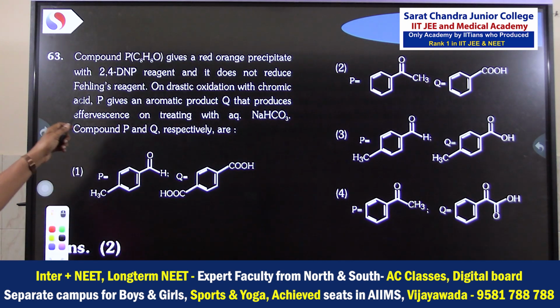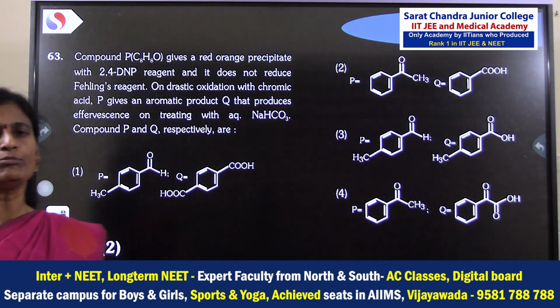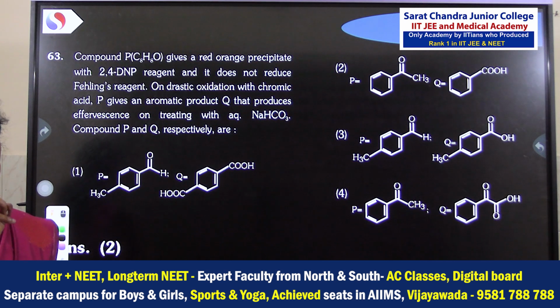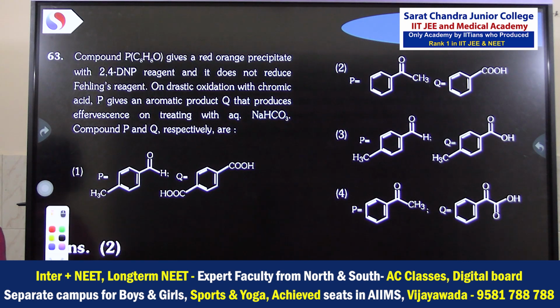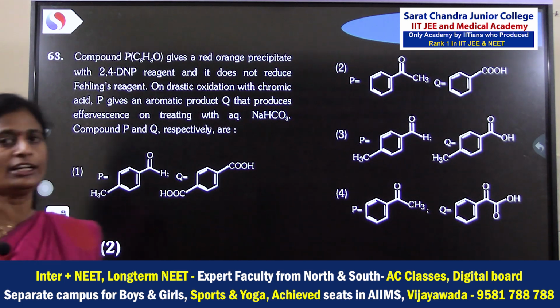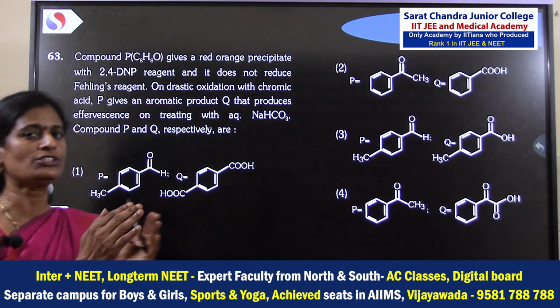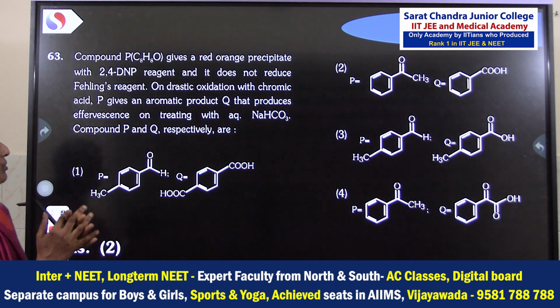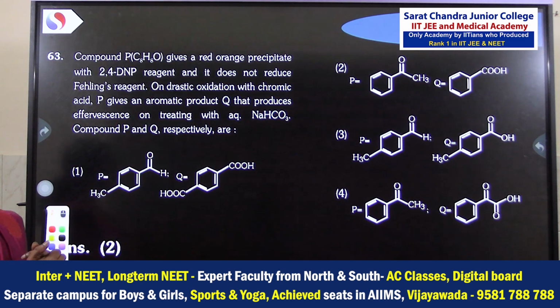Fehling's reagent is composed of two reagents, Fehling's A and Fehling's B. Fehling's A is aqueous copper sulfate solution, and Fehling's B is sodium potassium tartrate solution. When we mix these two in a 1:1 ratio, we get Fehling's reagent. By using Fehling's reagent, we are able to differentiate aldehydes and ketones.